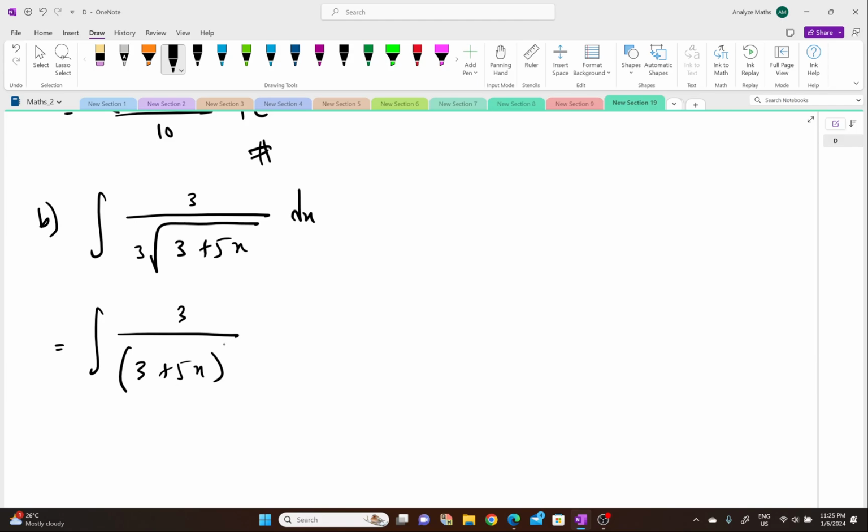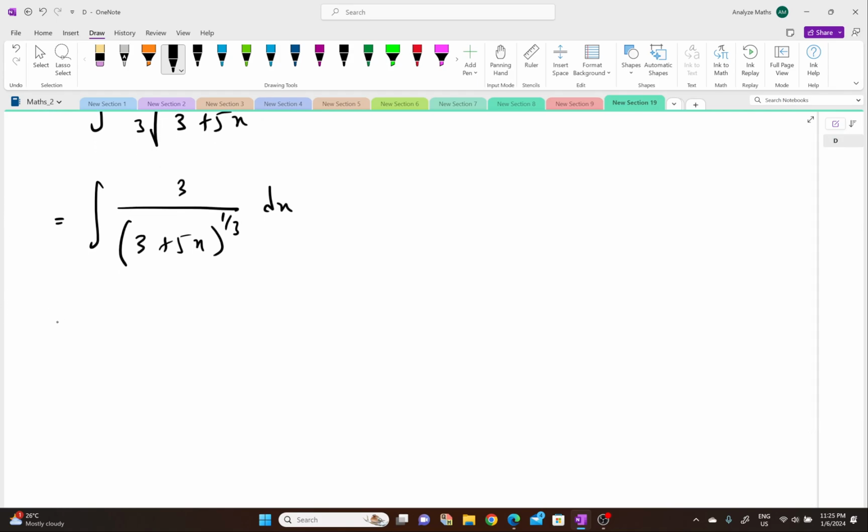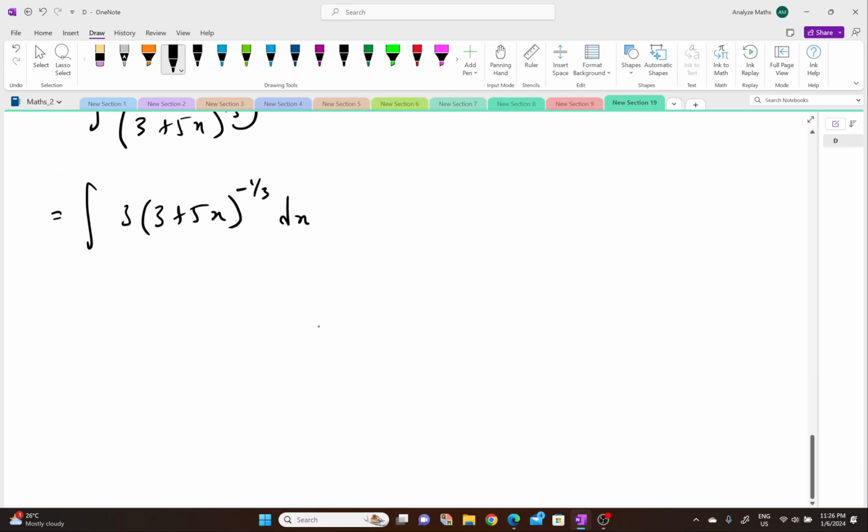Cube root, we can write it as power 1 over 3, and if you bring it with the power, you can bring it up here. This is all basic algebraic method you have learned in school. It's nothing to do with integration, just changing the algebra. Now we can apply the rule.